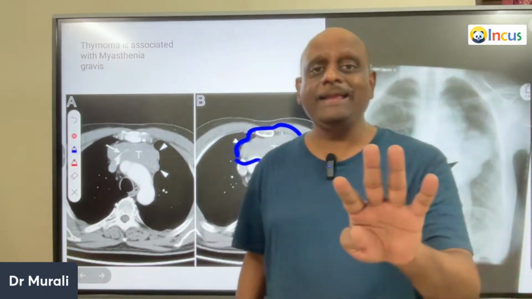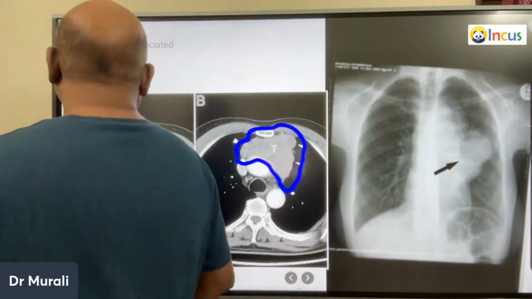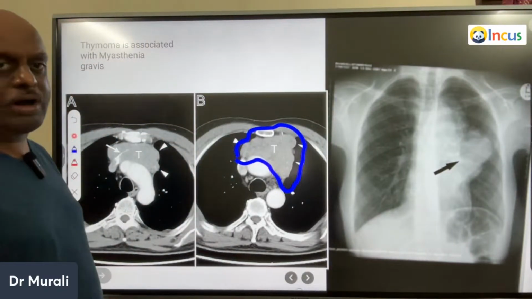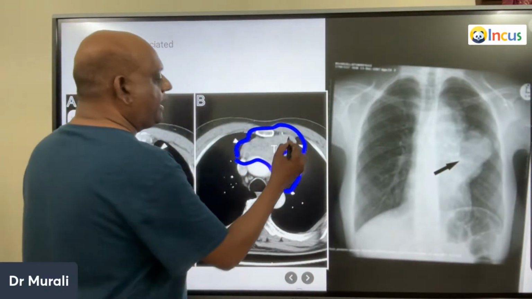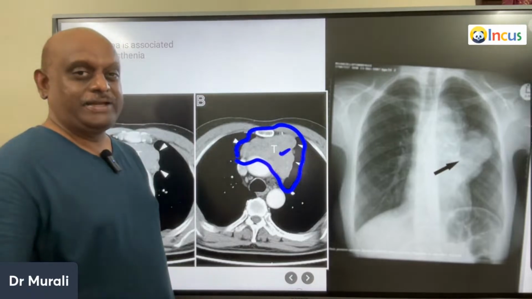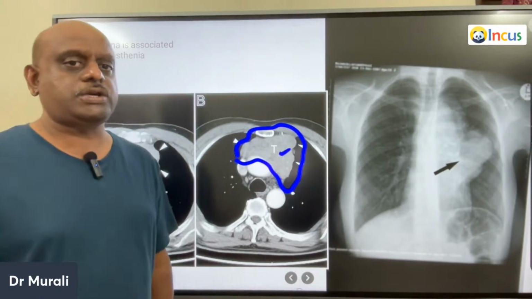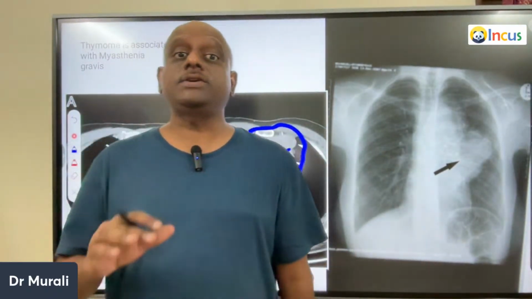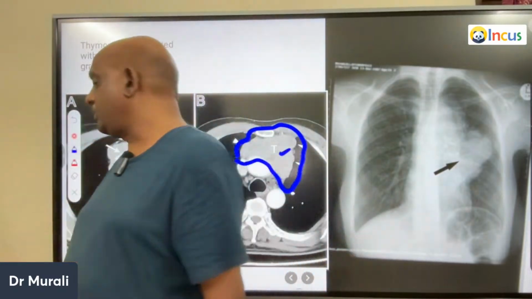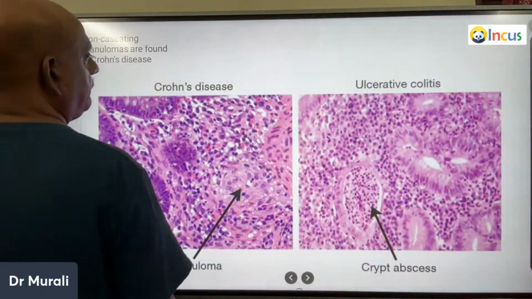So the 4 T's that you need to remember when it comes to anterior mediastinal mass, and you should recognize the thymoma. So whenever thymoma is there, what is the common association of thymoma, doctor? Thymoma can be associated with myasthenia gravis is what you need to understand.